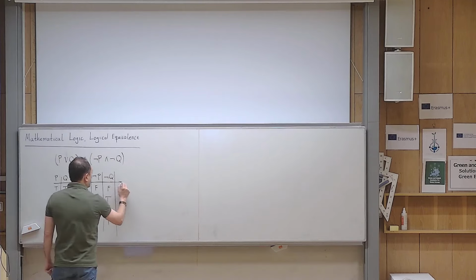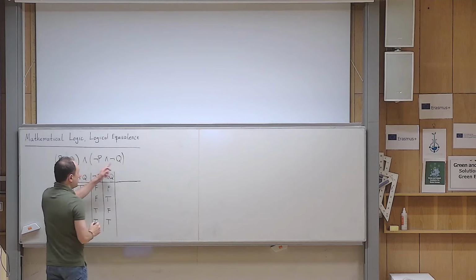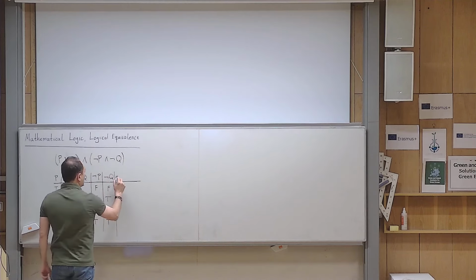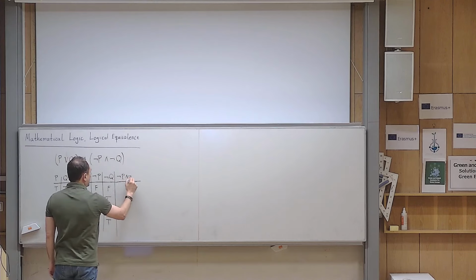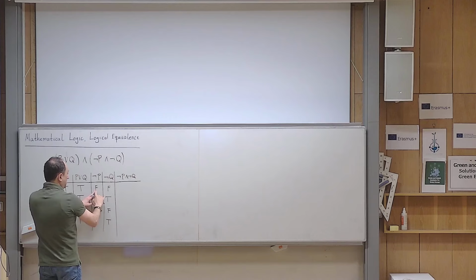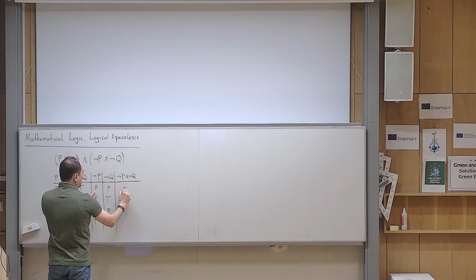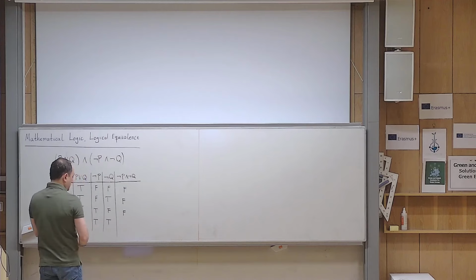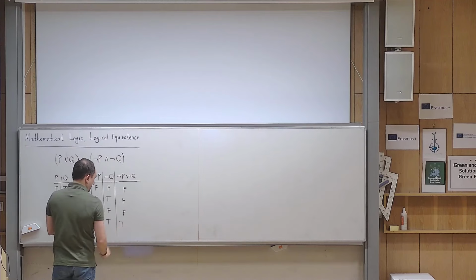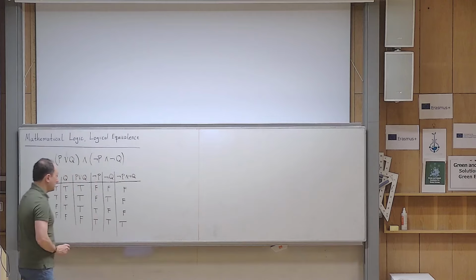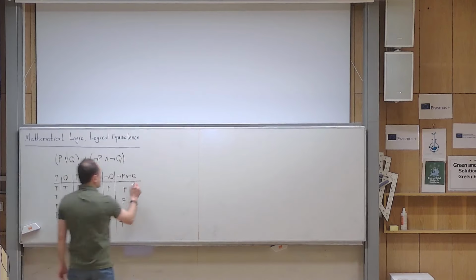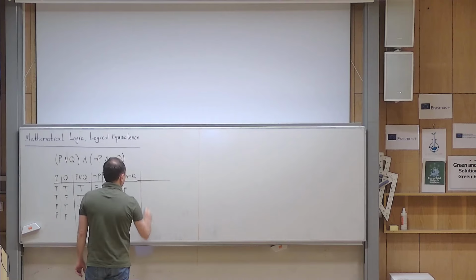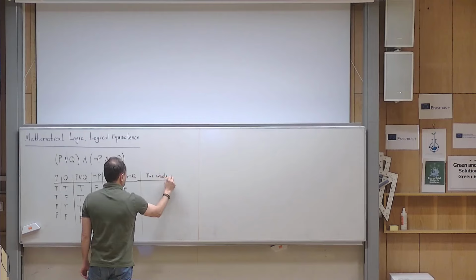And then I also need the conjunction between these two. So not P and not Q. So F and F is F, F and T is F, T and F is F, and then T and T is T. Yes? And then finally the whole expression.